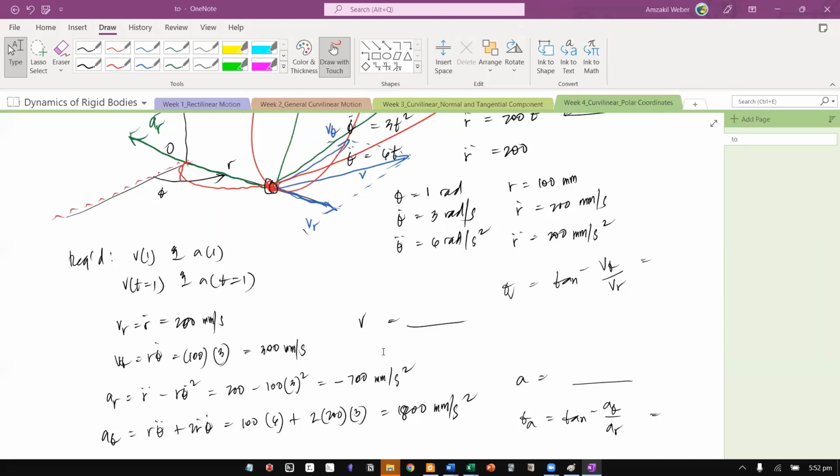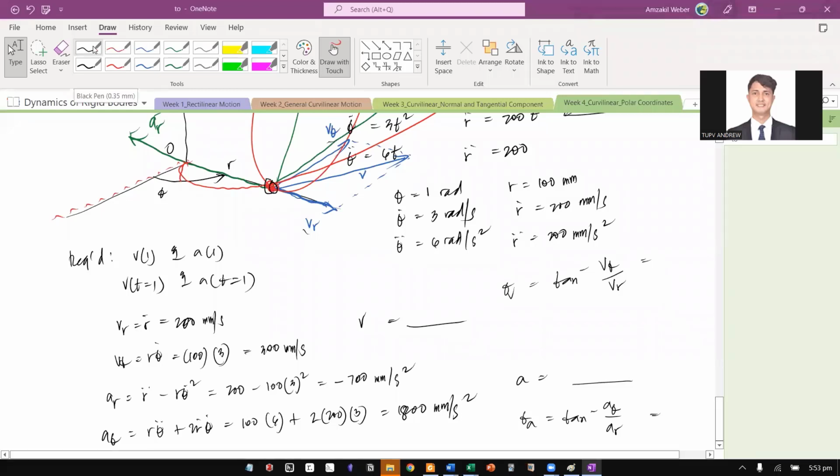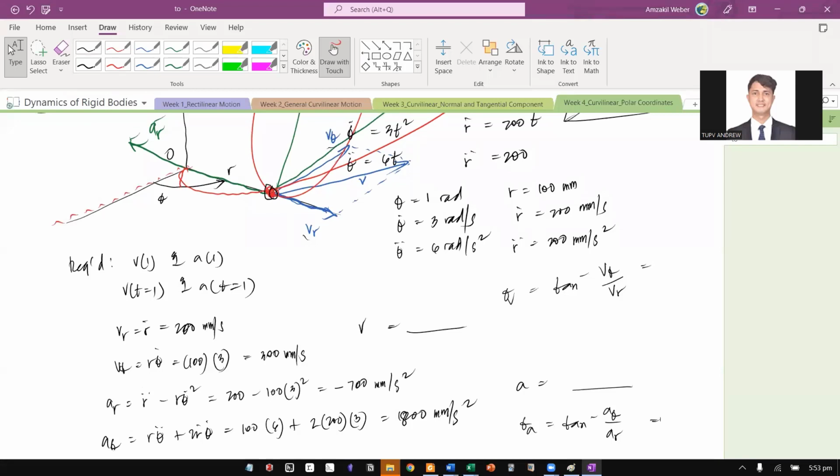V is 360.56 mm per second. Acceleration is 1658.31 mm per second squared.